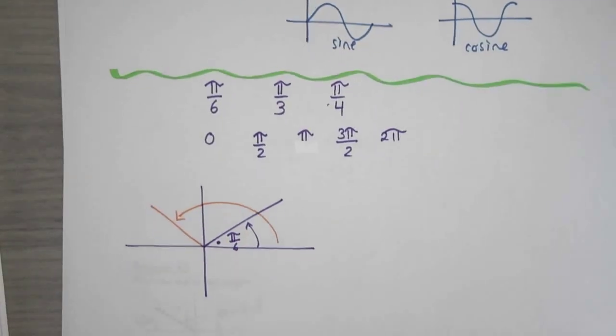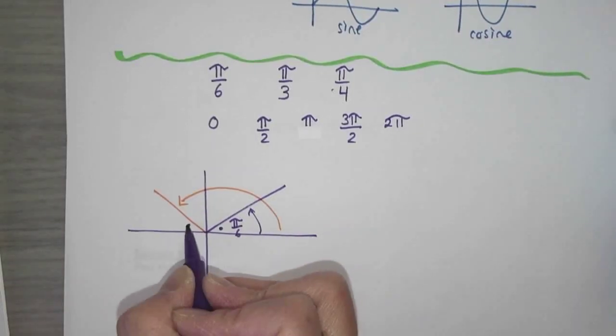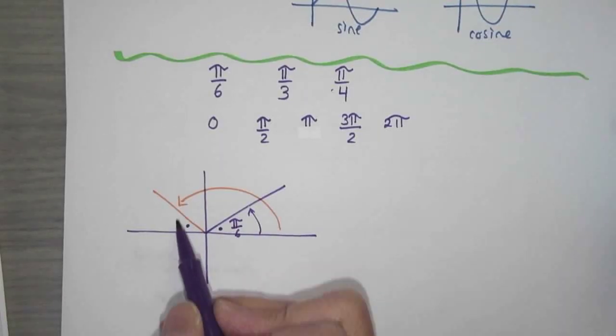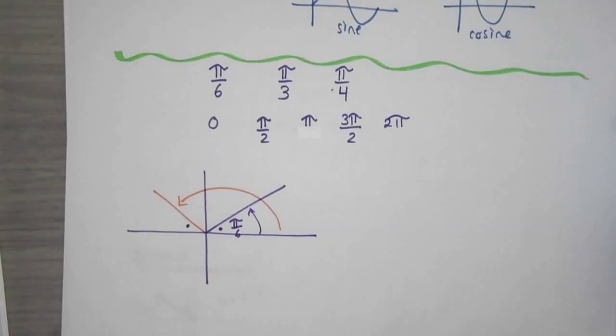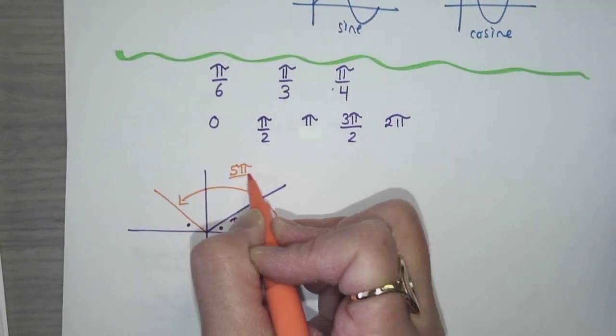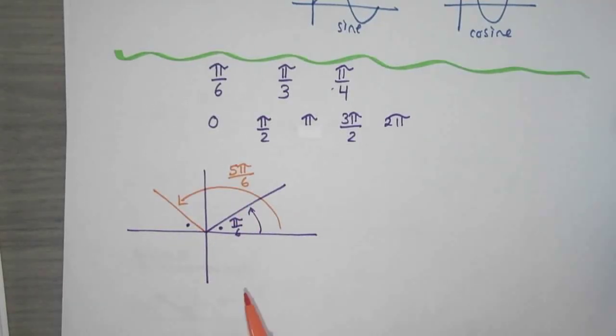If this is pi over 6, and we know that these are always the same, what's the slice? If I go all the way over here, that should be 5 pi over 6. Does that make sense? Because it's 6 to make the half, so it's 5 pi over 6.